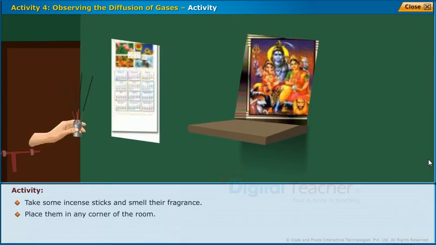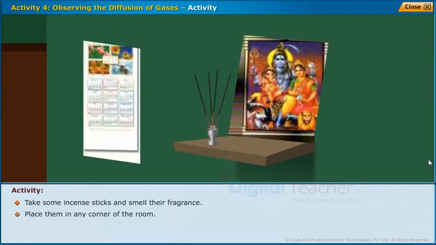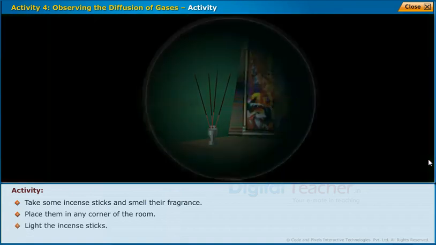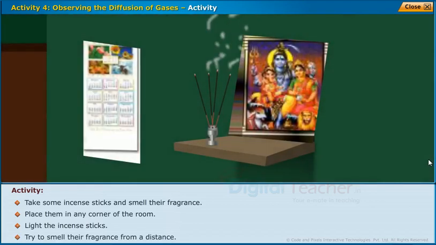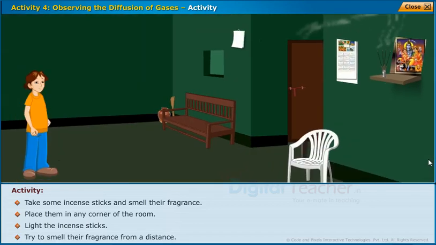Place them in any corner of the room. Light the incense sticks. Try to smell their fragrance from a distance.